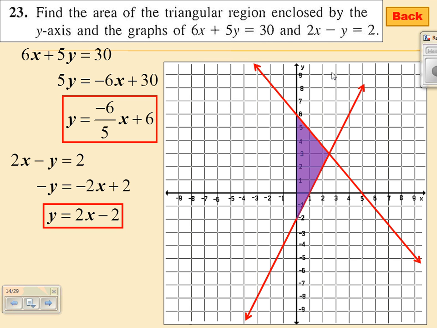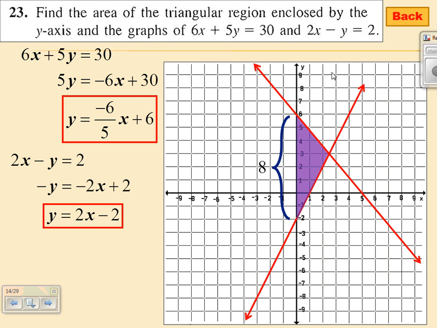In order to figure out the area of this triangle, you're going to have to look at this triangle sideways. So tilt your head to the right. That measurement right there becomes the measurement of the base. How many spaces is that?